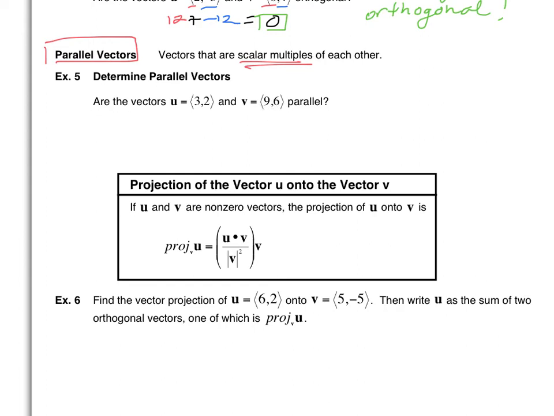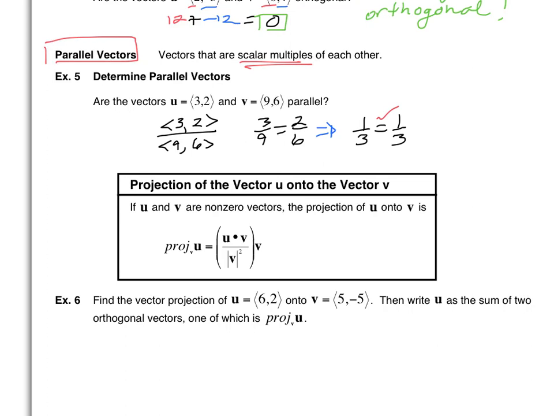The easiest way to determine it is just to take the two vectors and place one of them on top of the other one and pretend like they're fractions and divide them out. So I'm just going to take 3 over 9 and compare it to 2 over 6. And I'm going to determine, are they equal? Well, in order to make the determination, you have to actually reduce them or show the cross products, either way. So I'm going to reduce them because I get 1/3 equals 1/3. So they do indeed check. They have the same scale factor, which is their scalar.